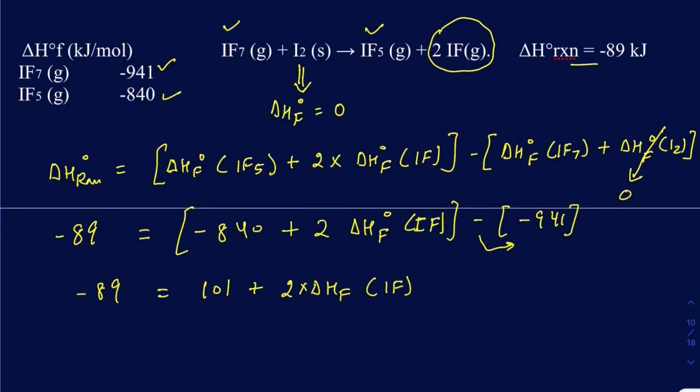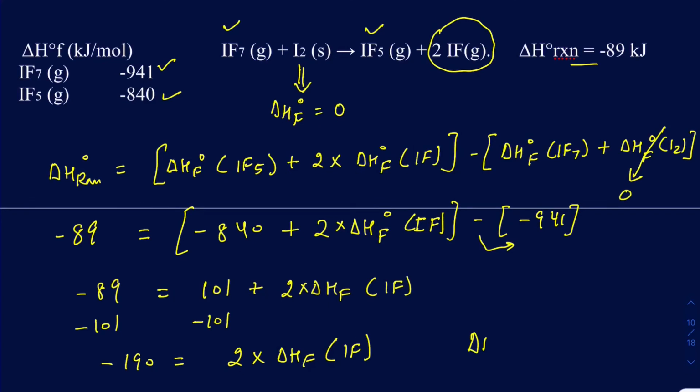And then just solve for the delta H formation for the IF. So you can subtract 101 on both sides. Okay, so when you do that, this is going to be minus 190 here, and that's going to be equal to 2 times the delta H formation for the IF, and you can divide both sides by 2.